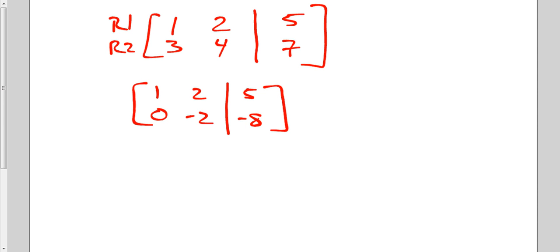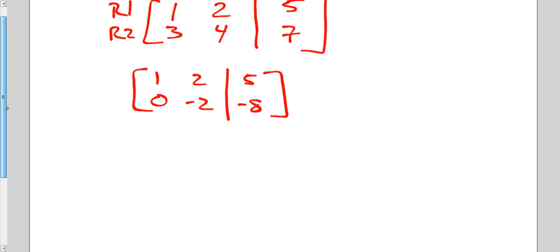Well, let's do that first. I like that idea. So let's do row 2 plus row 1. No, because if we get this being a 1, we get a 1 in the x for row 2. You don't want that 0 to change. So I'm going to do, oh, that's right, I'm going to do row 1 plus row 2 to get a new row 1 now, right?